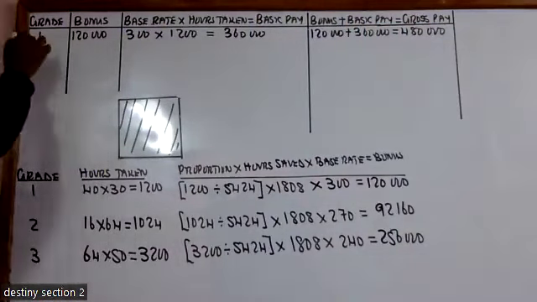I proceed on to grade 2, whose bonus is 92,160. The base rate is 270.